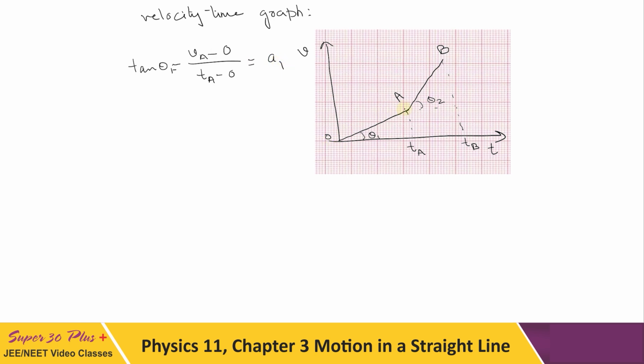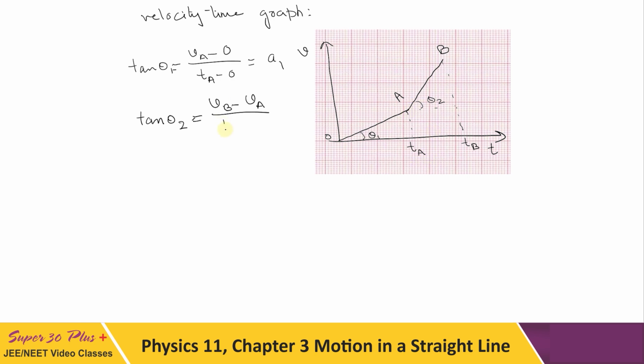Now let us come to part AB. Here again, if you write tan theta 2, the slope of this part, it would be equal to the change in velocity, that is velocity at B minus velocity at A, upon the time span. Now what is the time span for the part AB? This is from TA to TB.